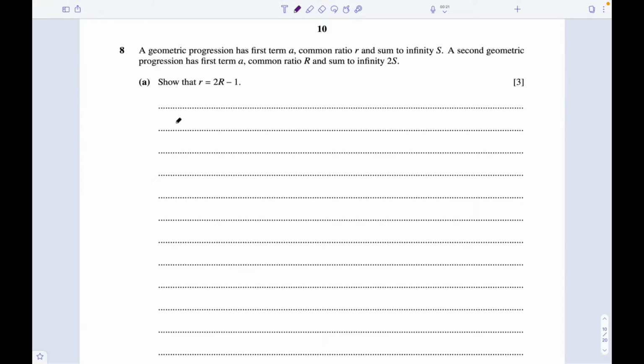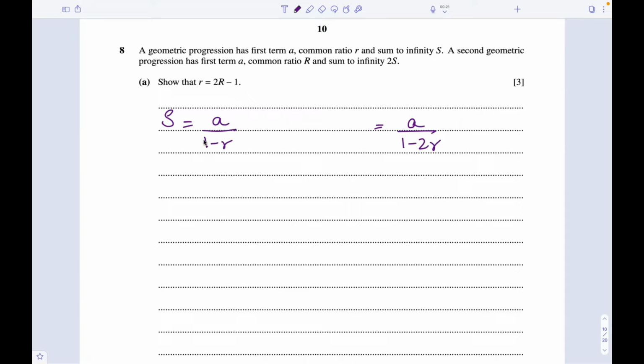To go about these questions, we can start off by writing the formula for sum to infinity, which is A upon 1 minus r. Now the sum to infinity for the second progression is A upon 1 minus R, and it is twice the first.